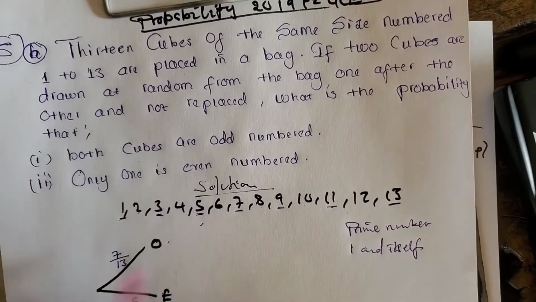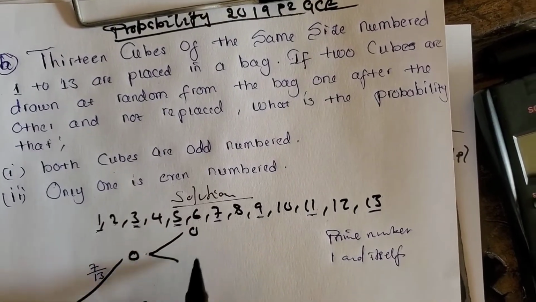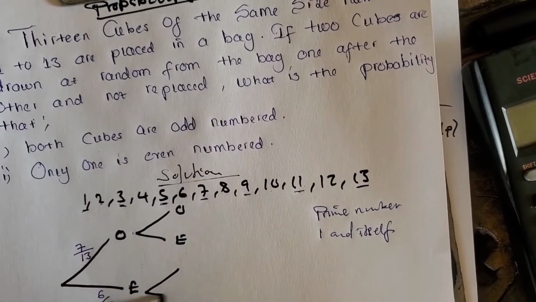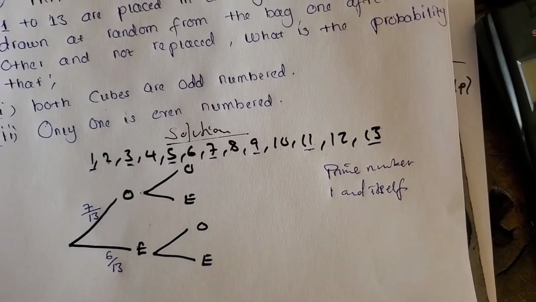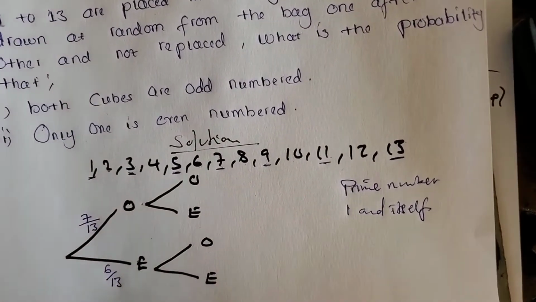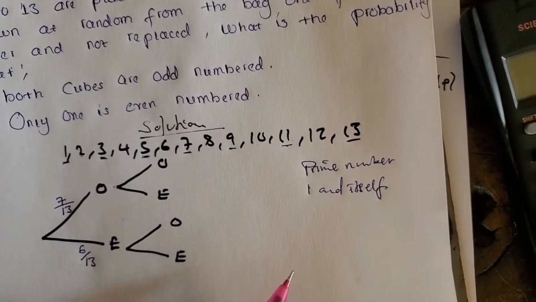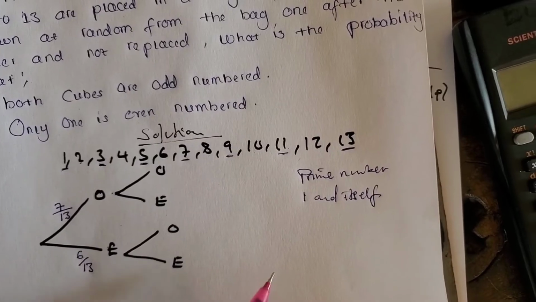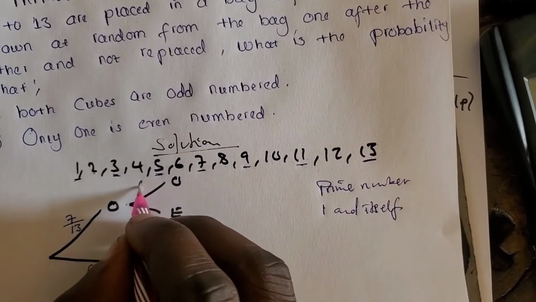Then second picking. Second picking is odd, even, odd, even. Now we are assuming that the cube that wasn't replaced was an odd number. Then we remain with how many odd numbers? 6.